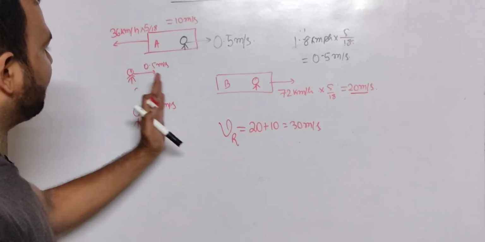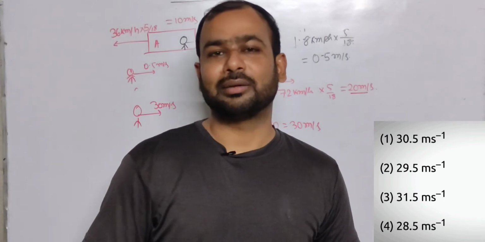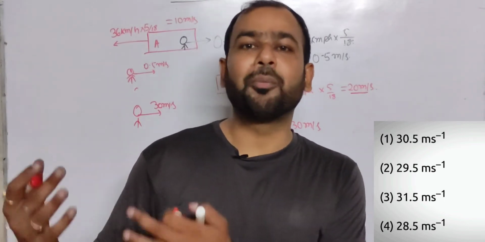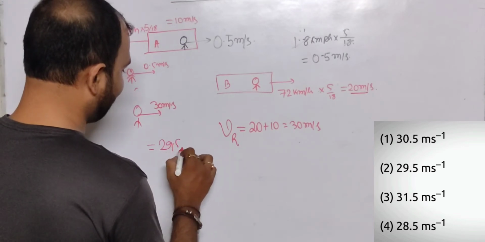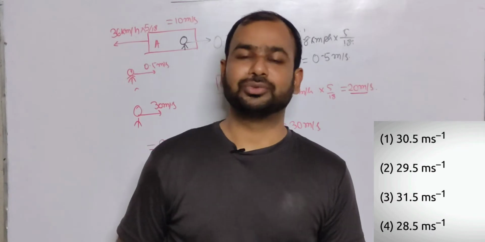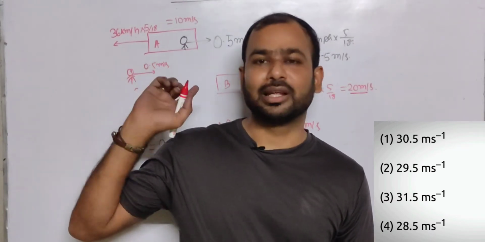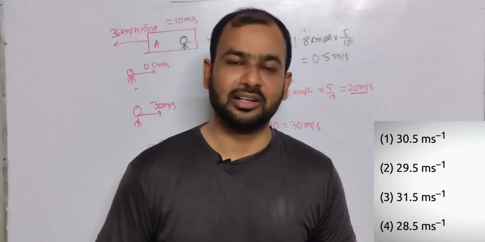Since the direction of the motion is the same, the velocity will decrease. That means the velocity will be 30 minus 0.5, that is 29.5 meter per second, the relative velocity. The correct option is option A.